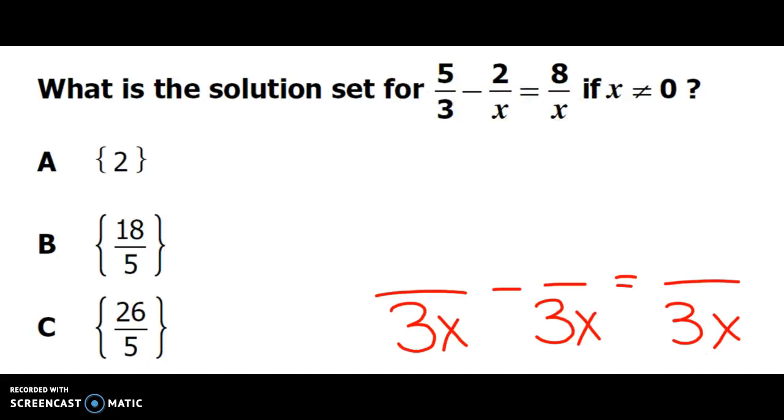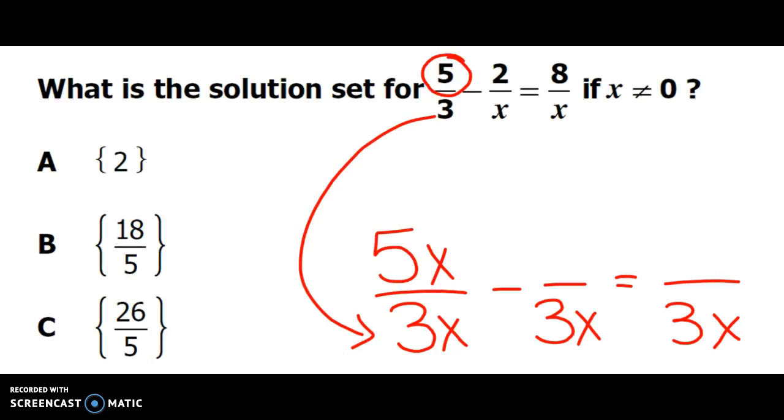I'm going to deal with each part. 5 over 3x. What would we multiply 3 by to make it a 3x? We just multiplied it by x, so let's do 5x over 3x. That's the same as 5 over 3.